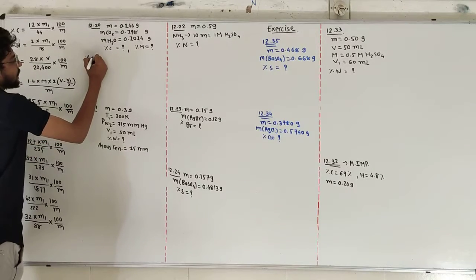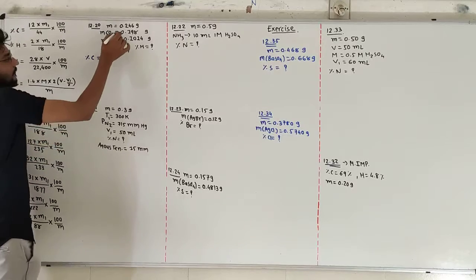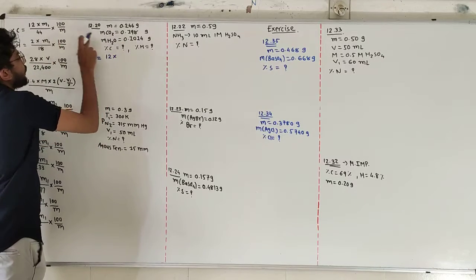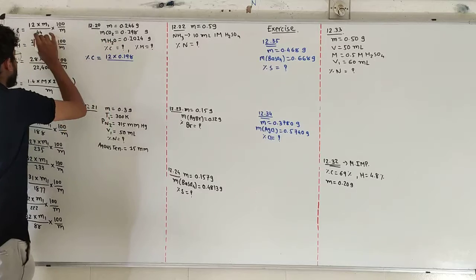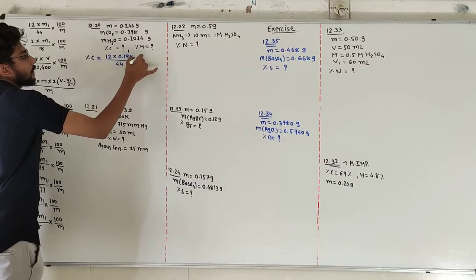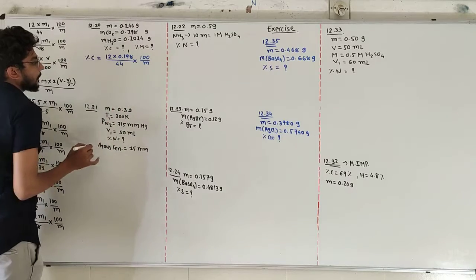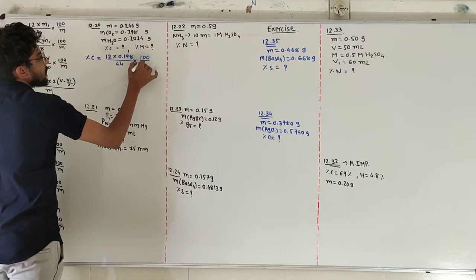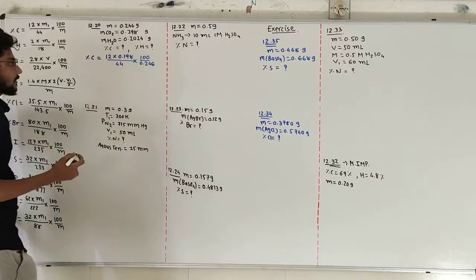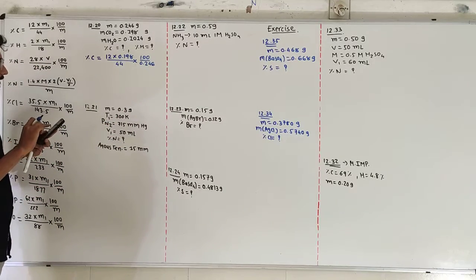So the first step, the percentage of carbon will be equal to 12 into M1, the weight of carbon dioxide, 0.198, divided by 44 into 100 by M. The value of M is 0.246. Let's calculate with the help of the calculator: 12 into 0.198 into 100 divided by 44 and again divided by 0.246.